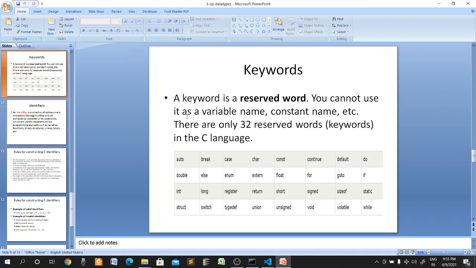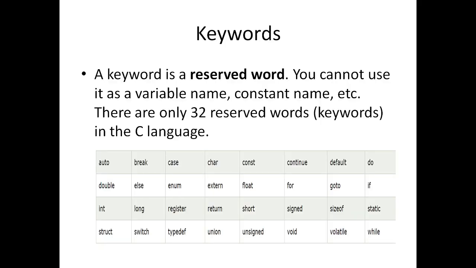Other than this, you have many keywords. There are 32 keywords in C programming, and each one has a special meaning. Like you have auto, break, case, char. The ones which we have used so far, like int and float, are all what you can call reserved keywords, like long, the data types which you have used, short, and the loops like for, goto, and while.